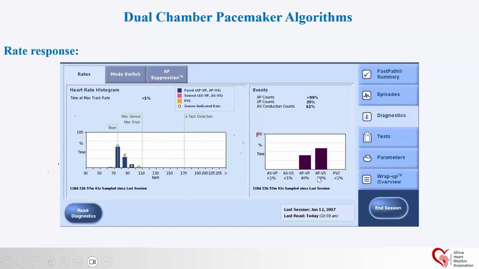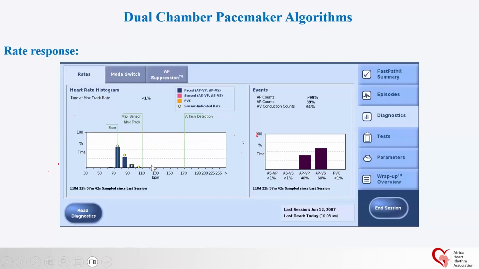We have APVS 60% and APVP 40%. That means this patient is already paced in the atrium, and here we can see the base rate and the sensor, and how the sensor indicator goes with the rate of the patient.